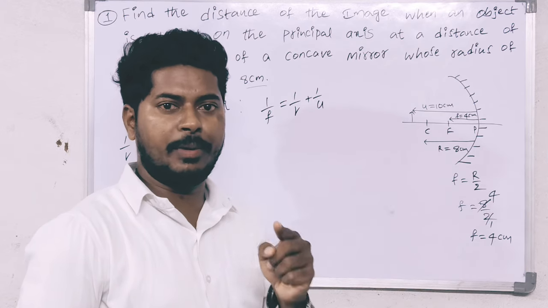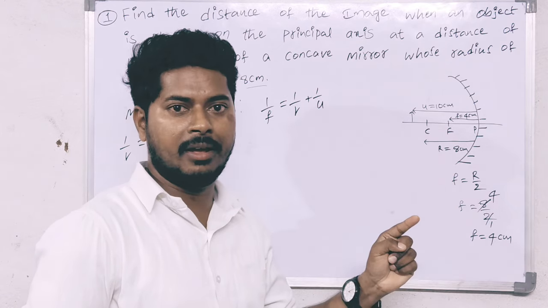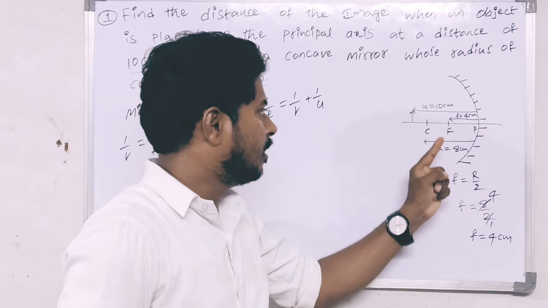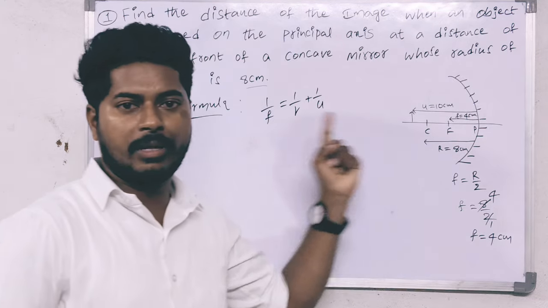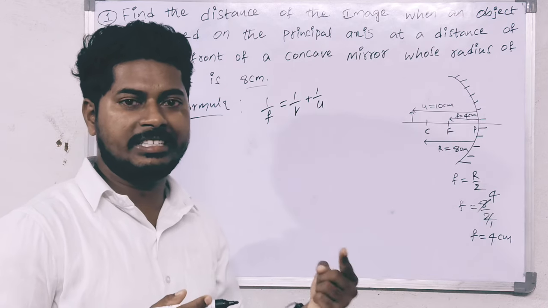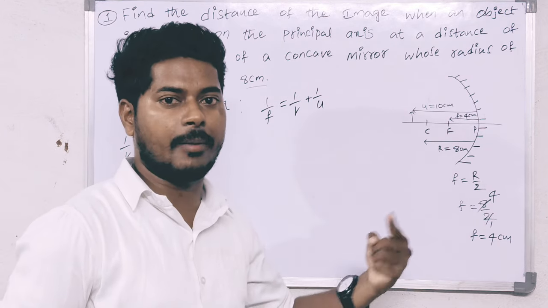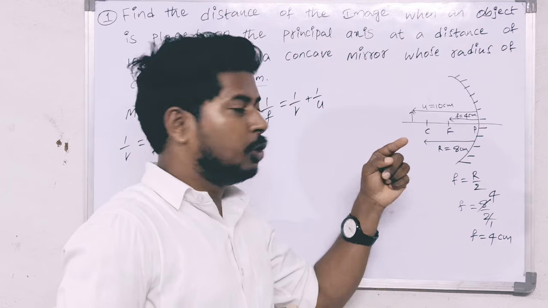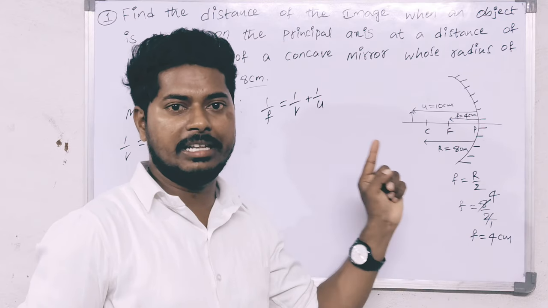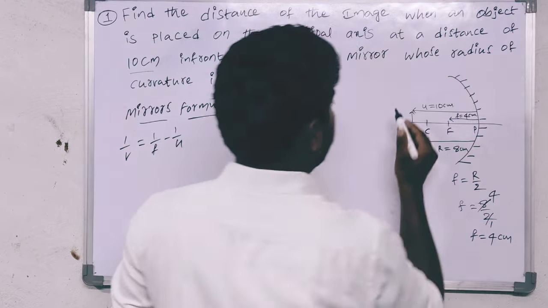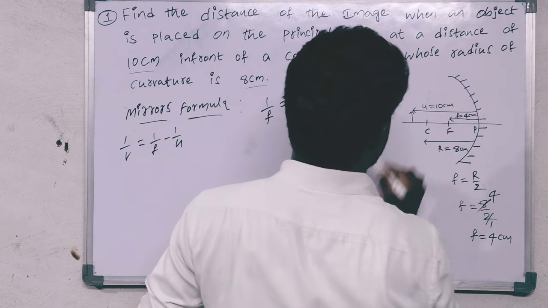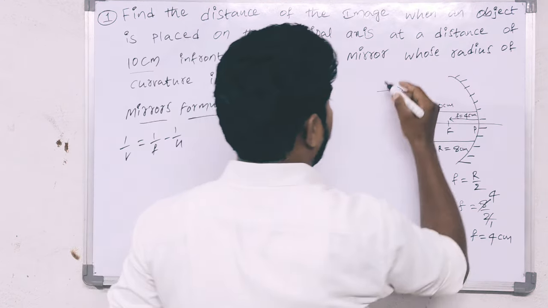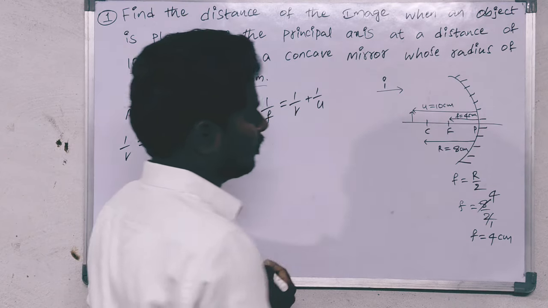All distances are measured from the mirror, and every distance should be compared with the incident ray. Let me draw the incident ray. The direction of the incident ray is always towards the mirror. It is denoted by I.